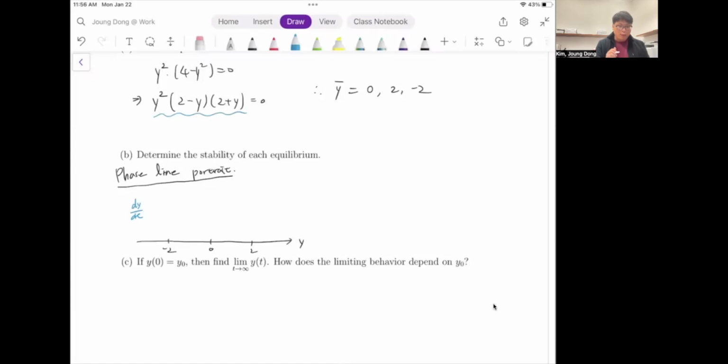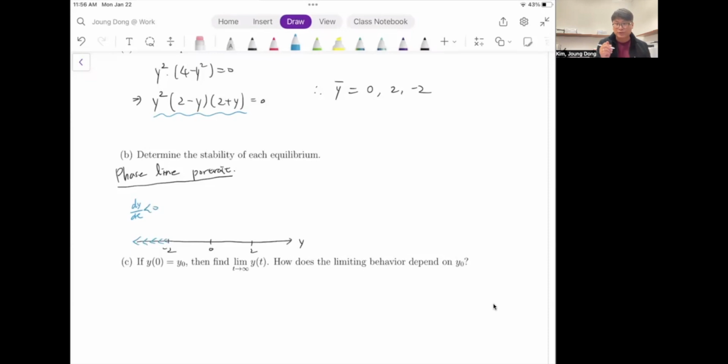When I plug in -3, look at the first term. It is y squared, so it is always positive. You don't have to worry about the negative case. And 2 minus -3 is positive. And 2 plus -3 is negative, only one negative. So we can say it's negative, which means going down.